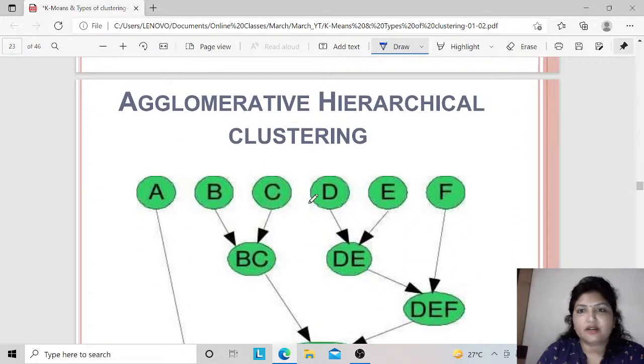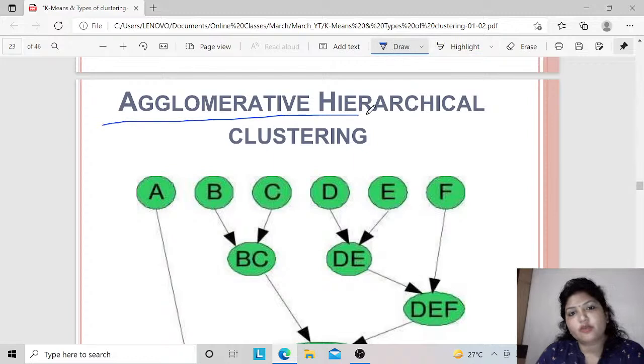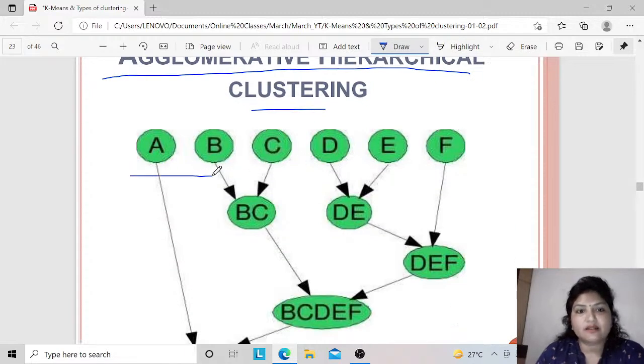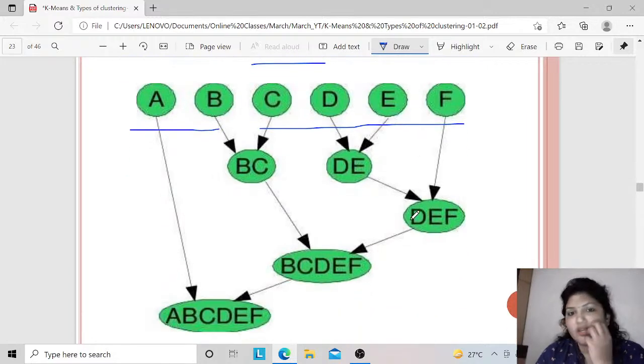Now let us take our dendrogram and understand how it makes the hierarchy of clusters. Here we have agglomerative hierarchical clustering. These are the data points which we have. Suppose these two data points, B and C, come under one cluster.